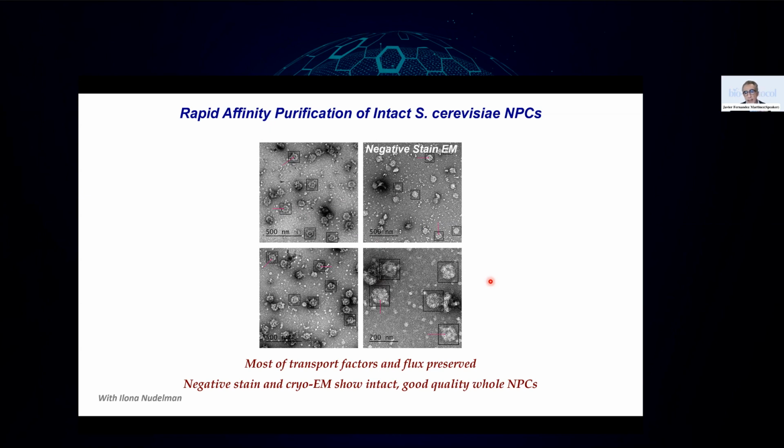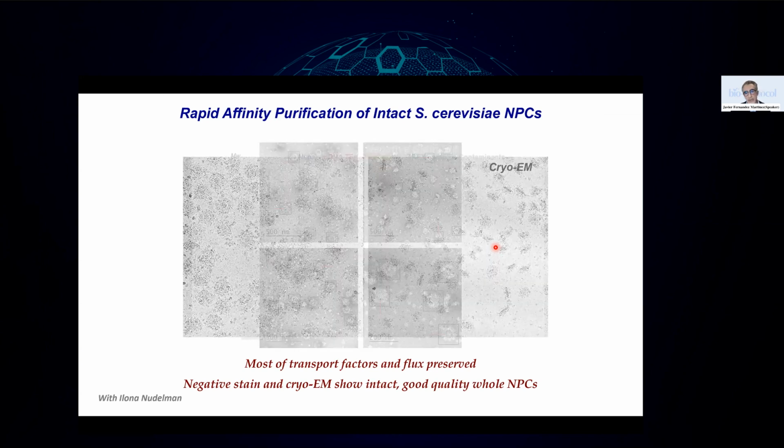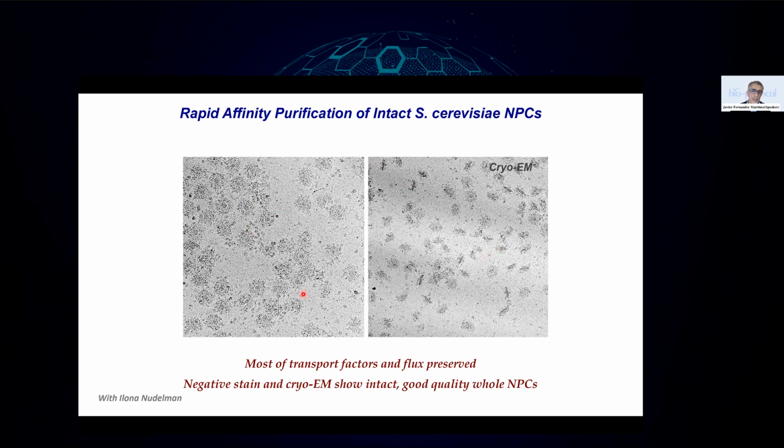And another method that is also quite interesting, sometimes a little bit more challenging, would be cryo-electron microscopy, because with negative stain we have to use a stain, usually a uranium salt, that could also cause certain types of artifacts depending on your complex. So cryo-electron microscopy of this same type of sample looks a little bit like this.